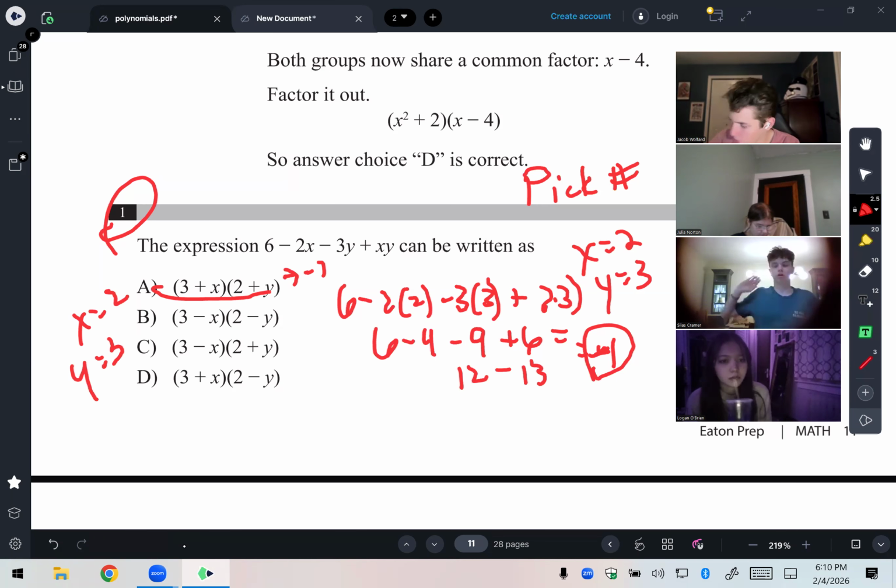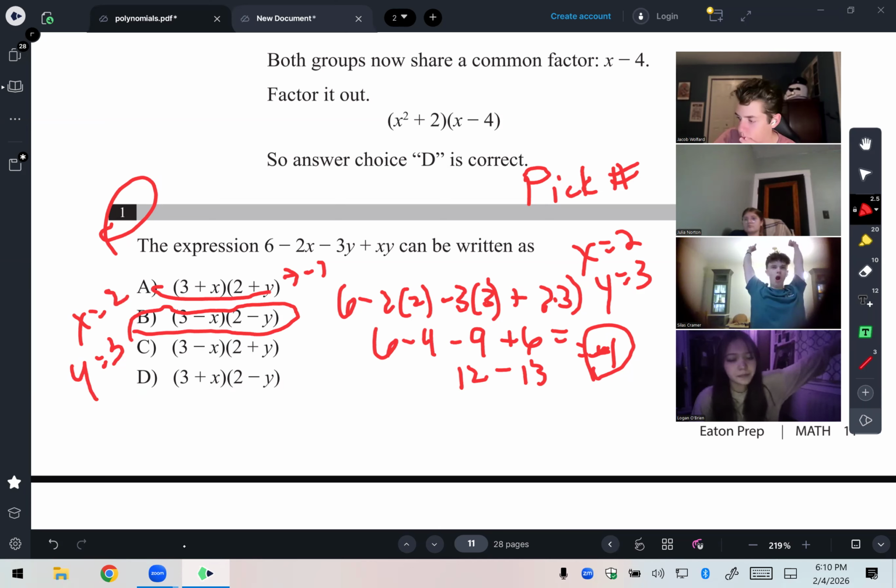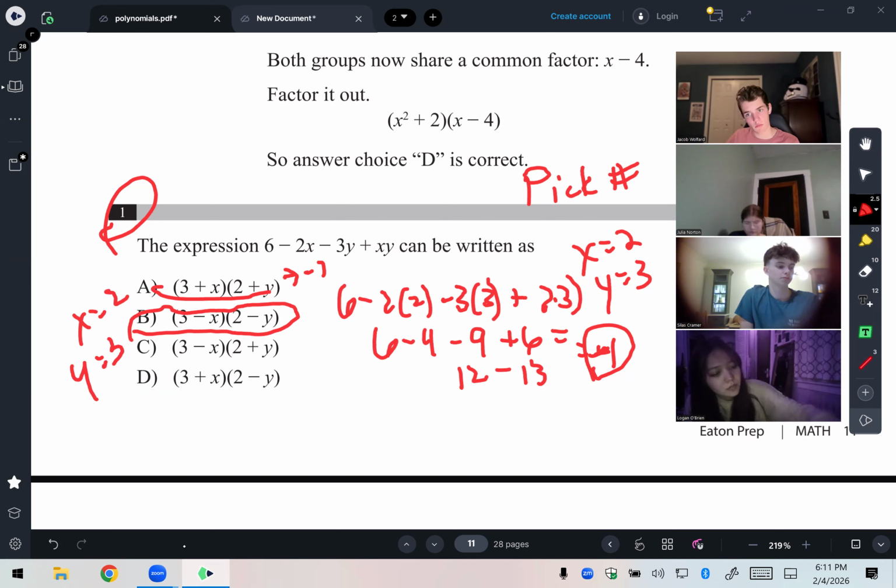So that works, 1 times negative 1. So that's our answer. This would never fly in a math class, but on the SAT it doesn't matter. They don't look at your work. You just have to get the right answer. C would be 3 minus 2, which is 1, times 3. That doesn't work. 3 plus 2 is 5, that's a negative. That doesn't work.